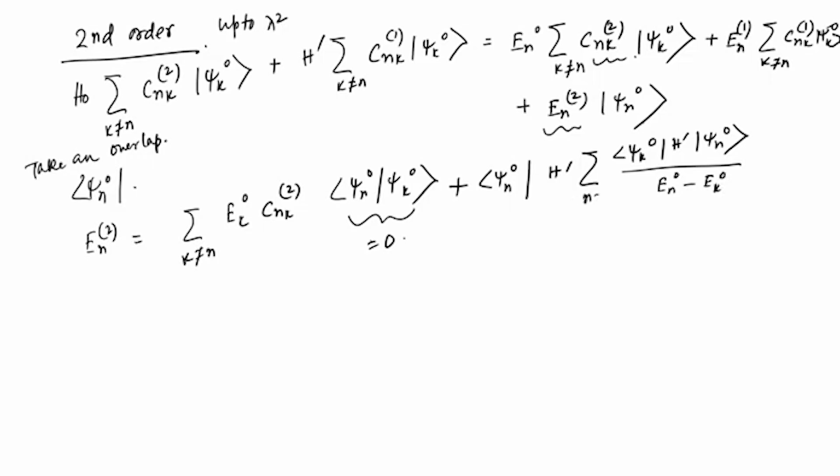We have already assumed that n is not equal to k, so the denominator is never going to blow up, and we have psi k0. Okay. So, that is the overlap for this term that you see there, the second term on the right, and then you have minus En0, so that is k not equal to n, Cnk2.